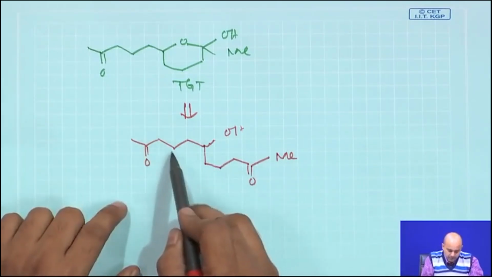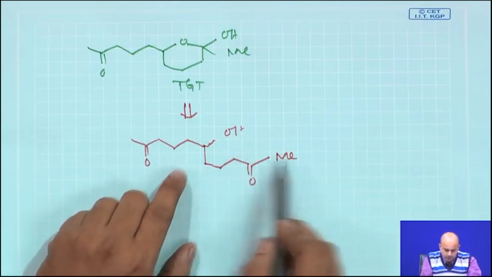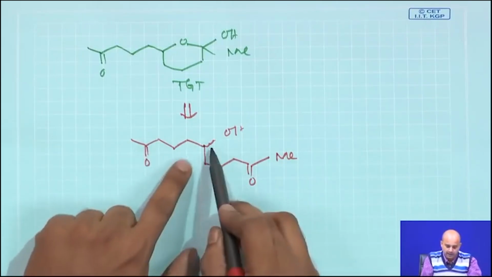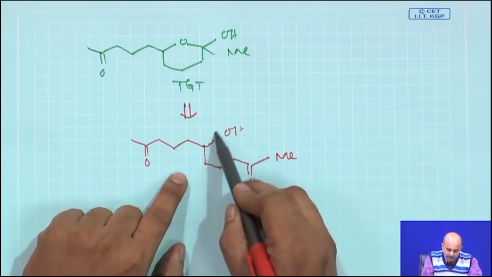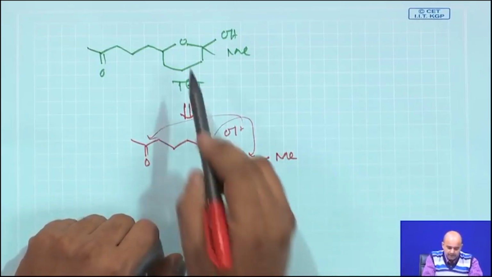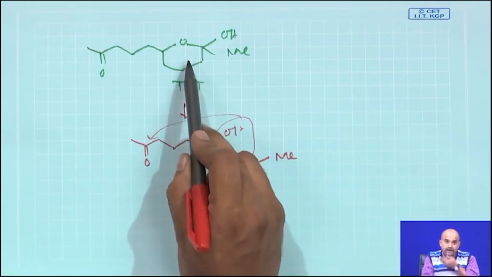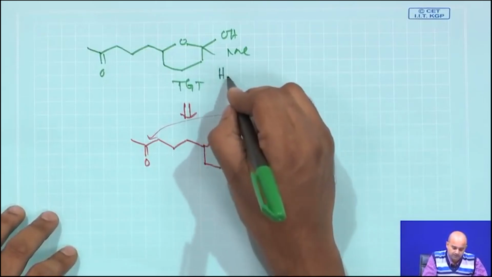You have a CH2 on the left hand side and a CH2 on the right hand side, so CH2COMe, CH2COMe, and you need a secondary hydroxy group. One of these hydroxy groups will react either this way or this way to give you a cyclic hemiacetal. Now, this compound is basically a hemiacetal.